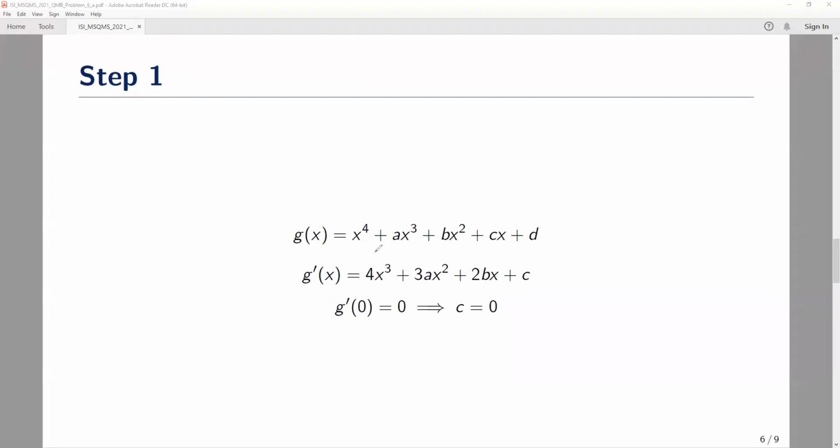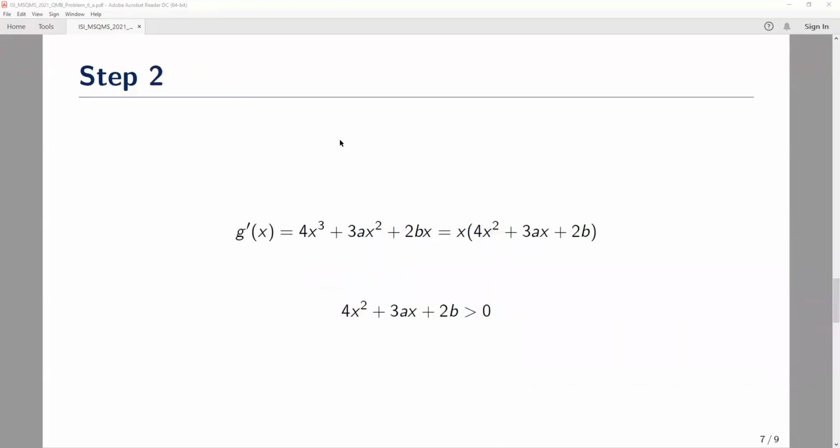If you compute g dash of x, you will get 4x cubed plus 3ax square plus 2bx plus c. If you put g dash of 0 equal to 0, you put all the x's as zeros, so you will get that c is equal to 0 coming out of your solution. Pretty interesting.